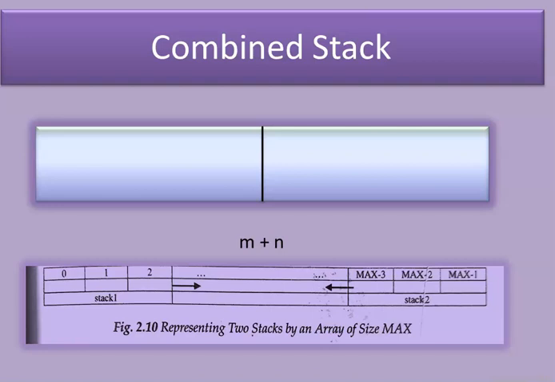So this is a better way of using the stack space when we are having different stacks and the number of elements stored in them differ at various situations. Then we can utilize these spaces according to their need. So this is what you call multi-stack operation.